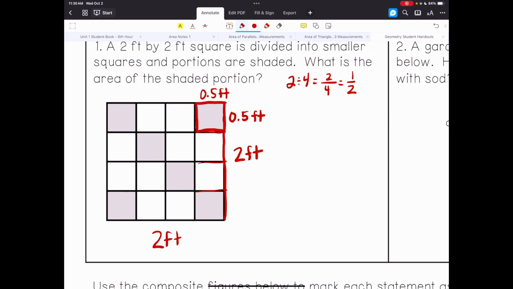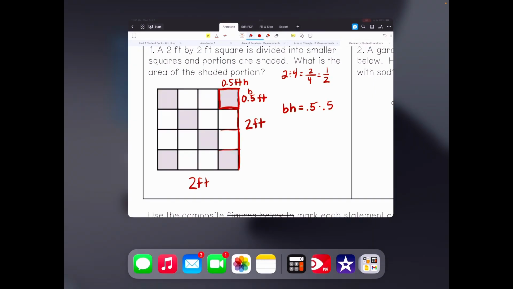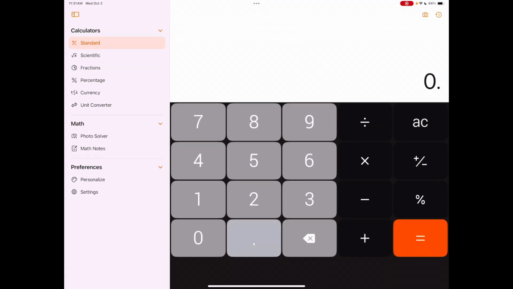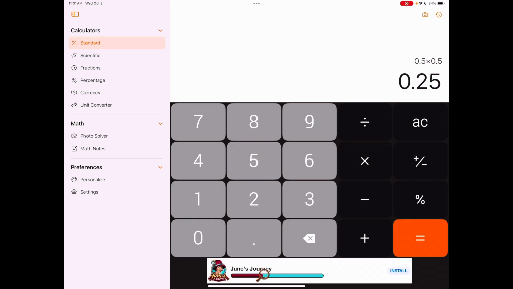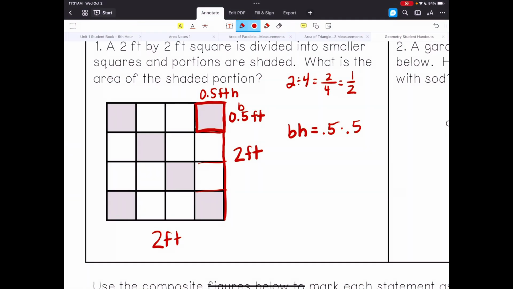So now I've got a base and a height for one shaded square. We're going to do base times height, which is 0.5 times 0.5, and that gives us 0.25 feet squared for one shaded square.